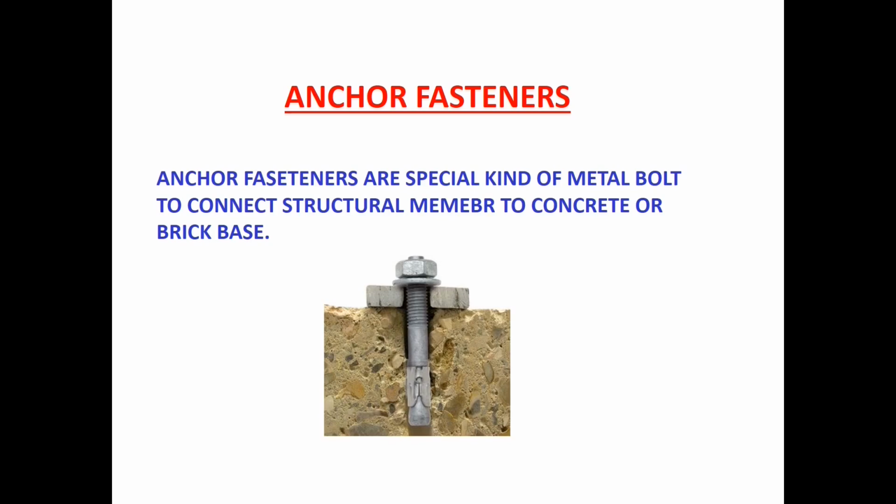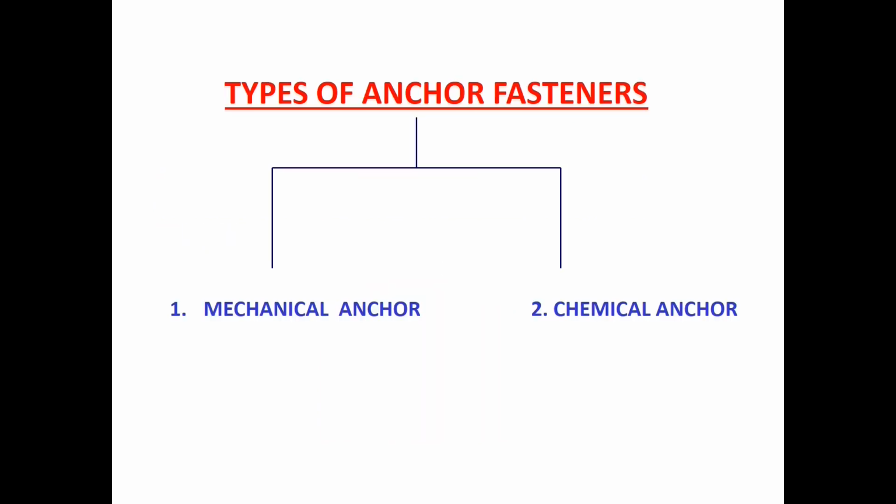We will also discuss the classification of anchor fasteners, where basically 2 kinds are used. First is the mechanical anchor and second is the chemical anchor. We will discuss the mechanical anchor first and then the chemical anchor.